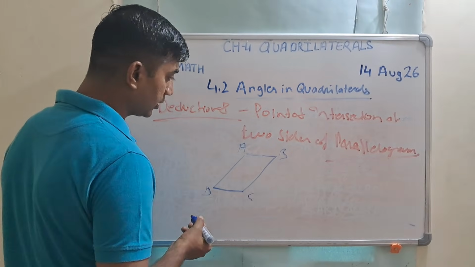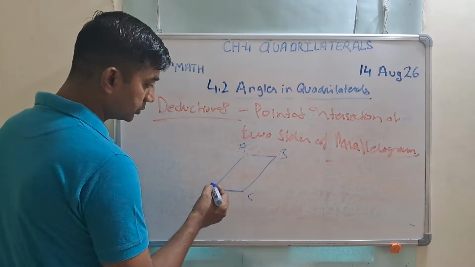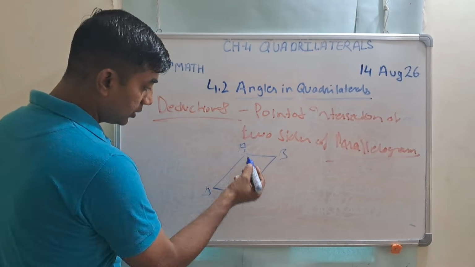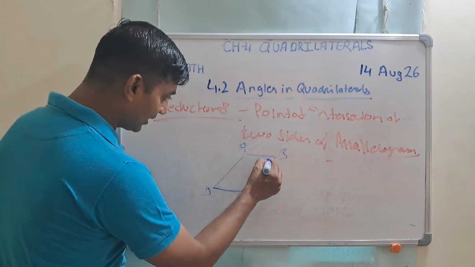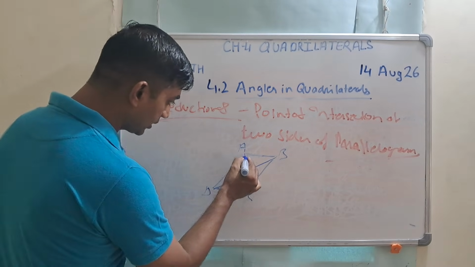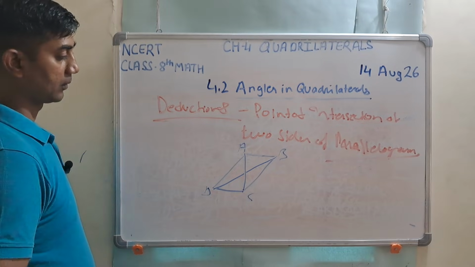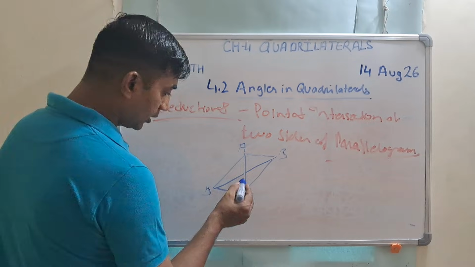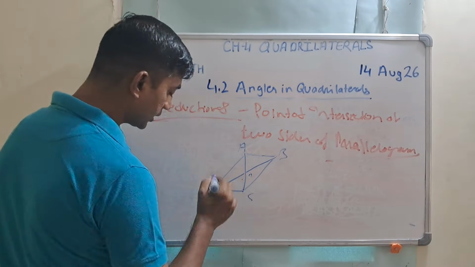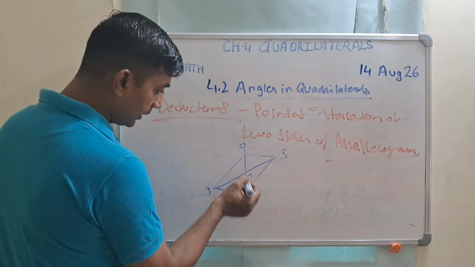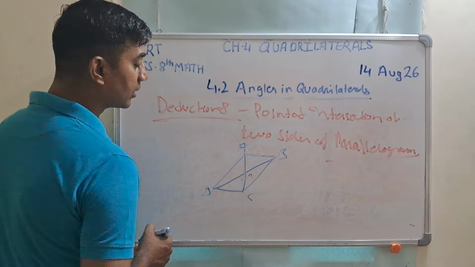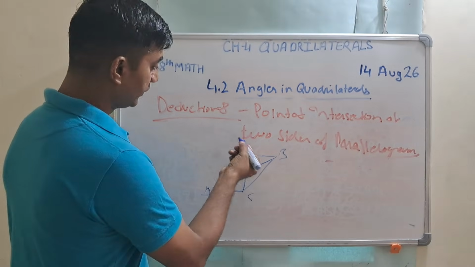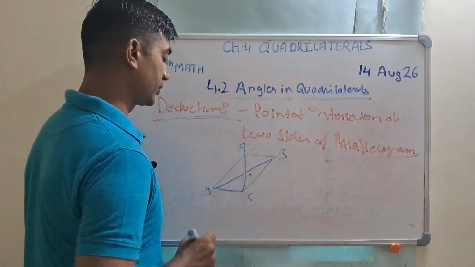I am just giving you a small overview on this topic: this is a parallelogram and when we join the opposite vertices, these are the diagonals. Now this is the point of intersection O. Then we'll establish the relation between AB and DC. Understood? And we'll see what the relation comes.